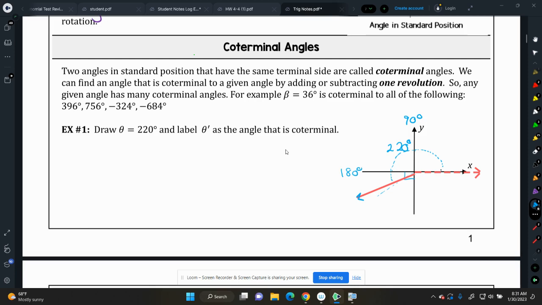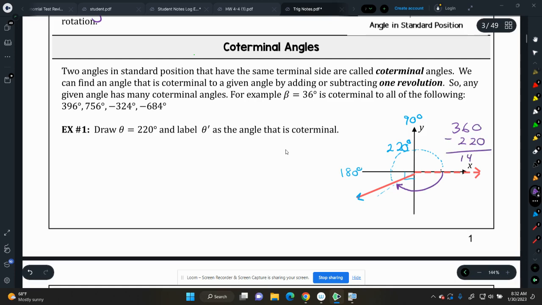Label an angle that is coterminal. So how else could I have gotten to that same position? Go the other way, yeah. Going this direction, that's a full circle. So if I did 360 minus 220, that is 140 degrees.